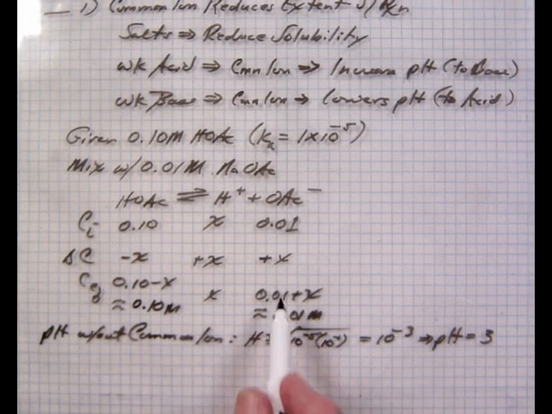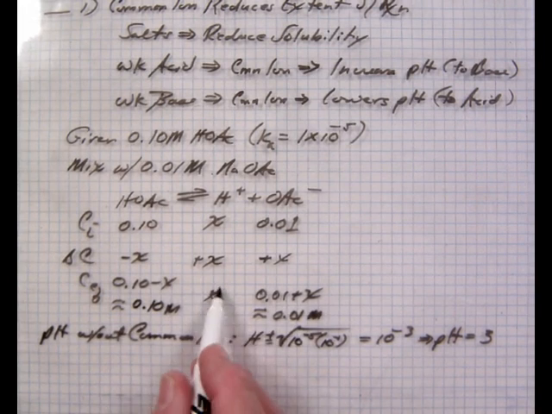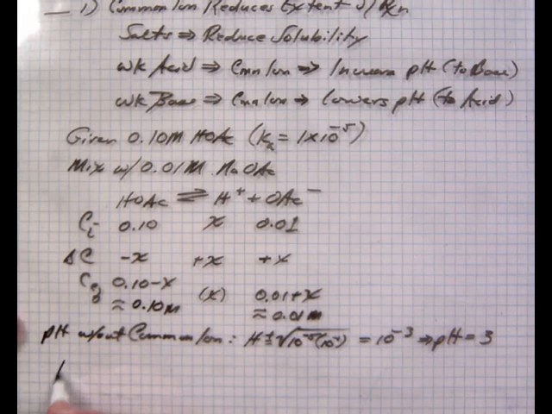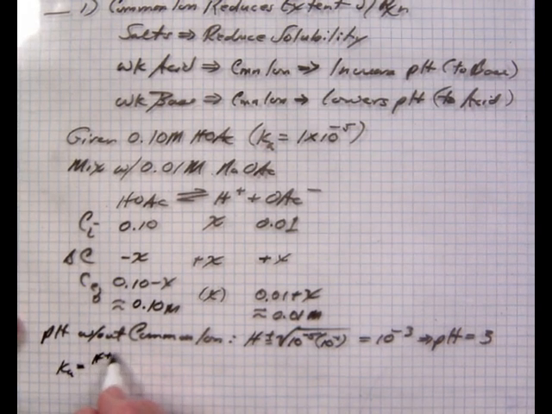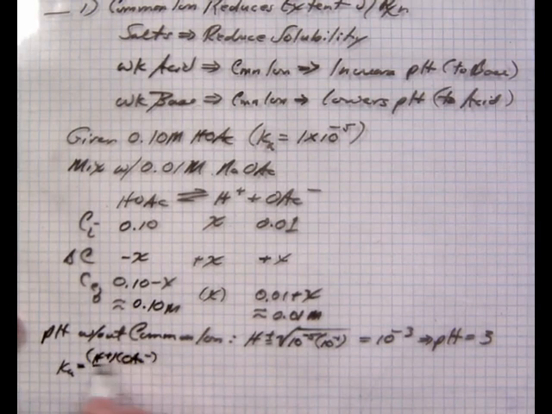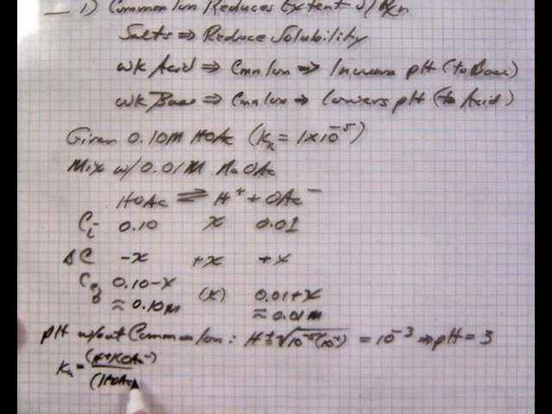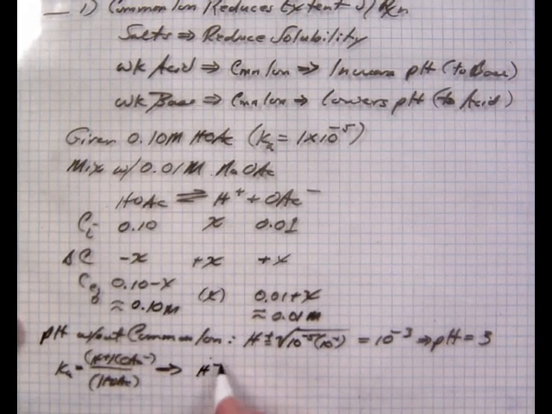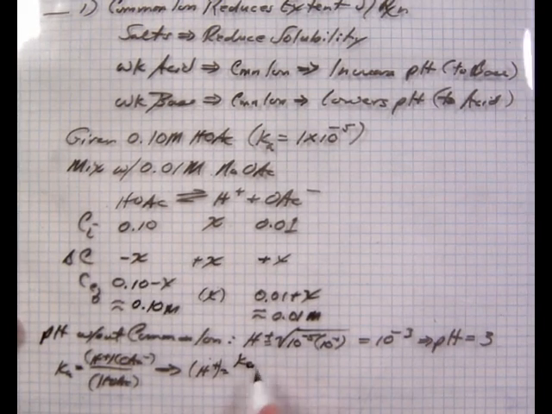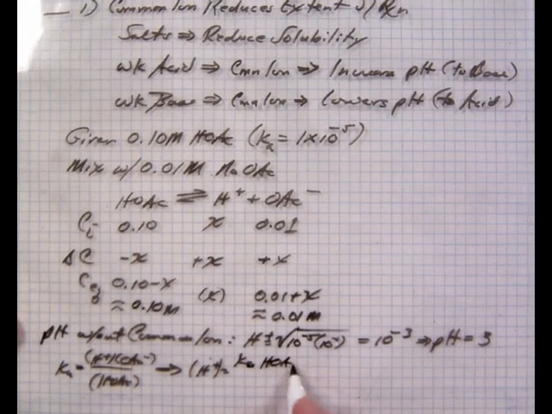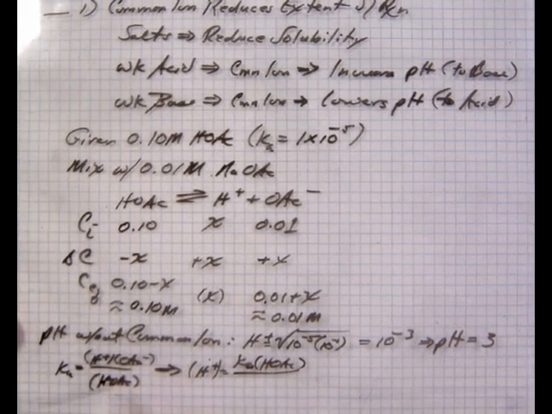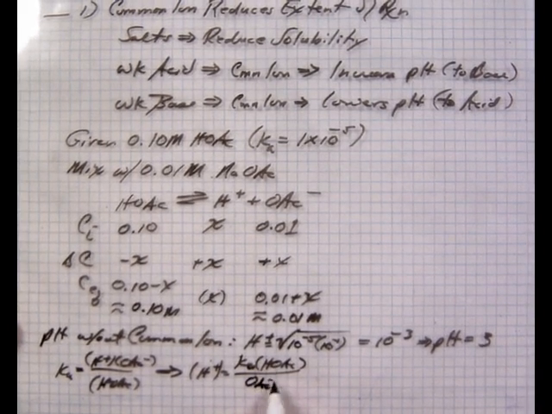Okay, so let's calculate the x value, find out what the hydrogen is, and so that would be Ka equals hydronium ion times OAc ion over HOAc. Okay, and so we're looking for the hydrogen ion, and so that'd be Ka times HOAc divided by the OAc concentration.